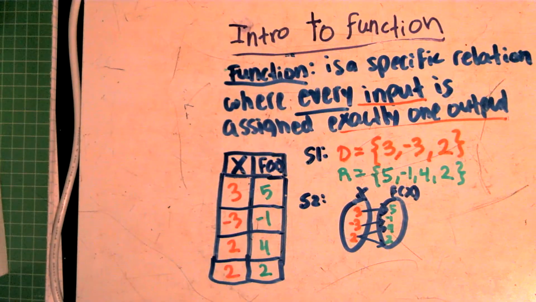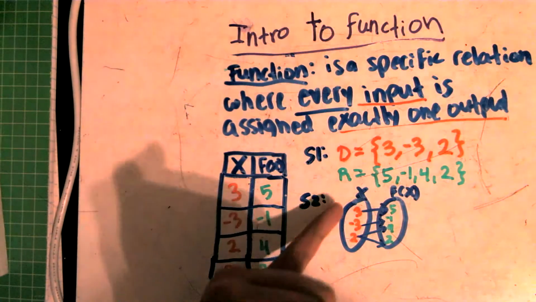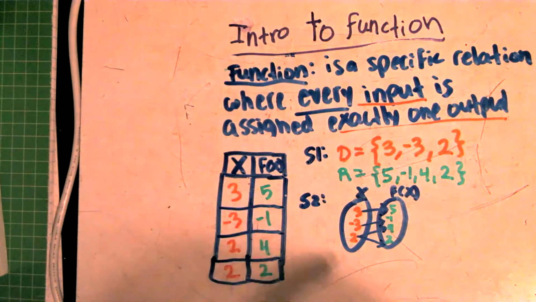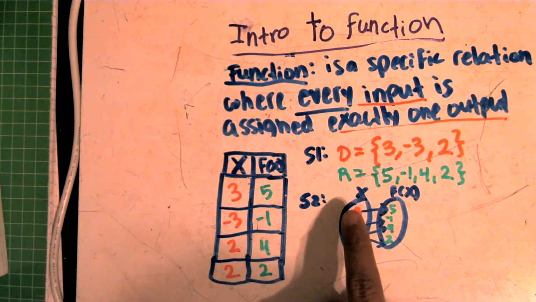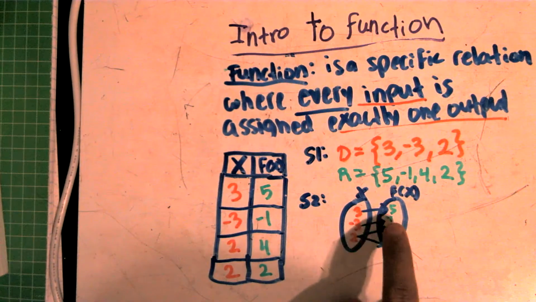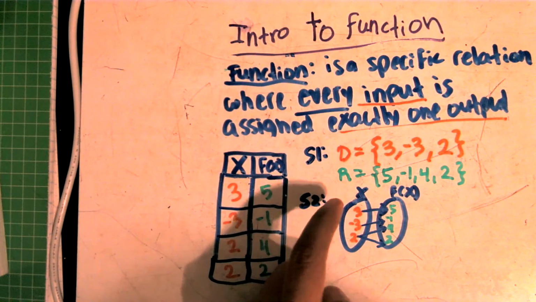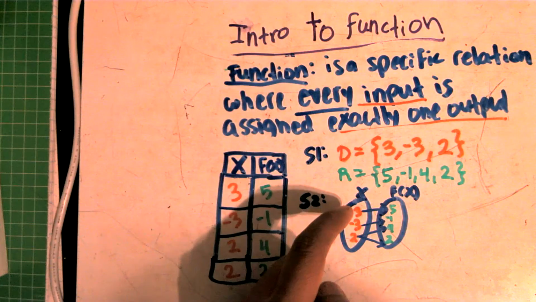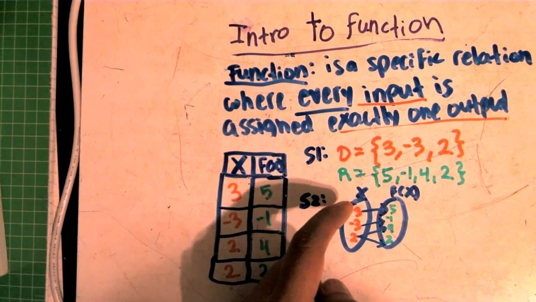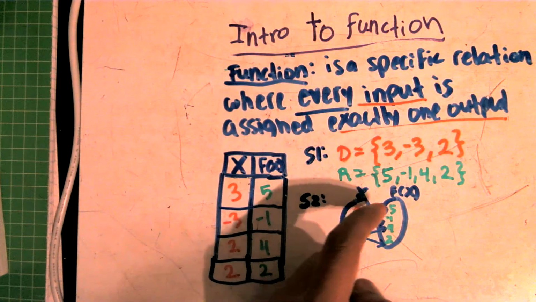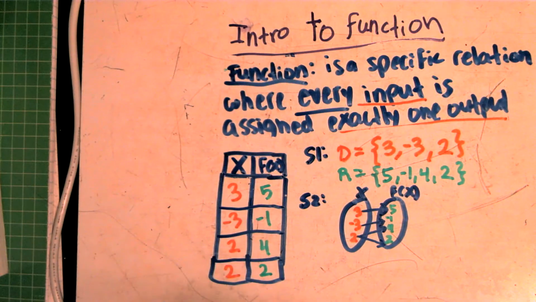Now, if you look carefully, -3 has exactly 1 output, as represented by the 1 arrow coming out of -3 that goes to -1. The input 3 is assigned 1 output, as represented by the 1 arrow coming out from 3.